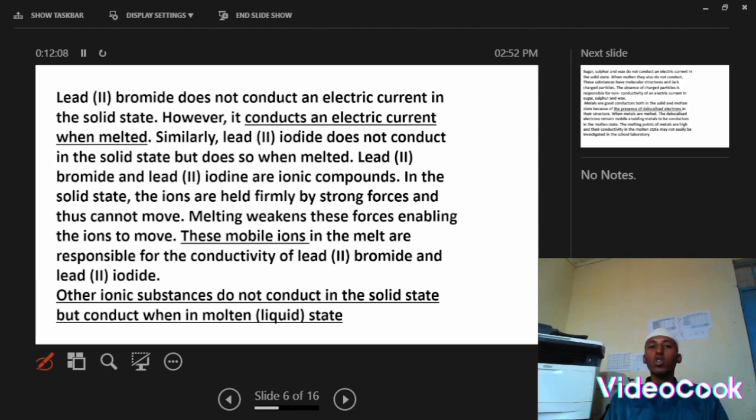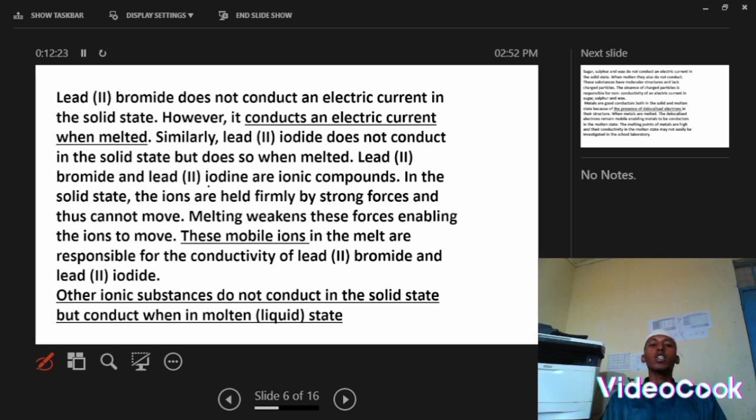Lead-2 bromide does not conduct an electric current in the solid state. However, it conducts an electric current when melted. Similarly, lead-2 iodide does not conduct in the solid state but does so when melted.